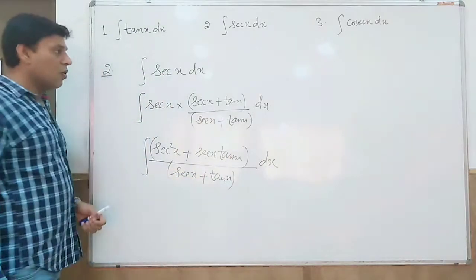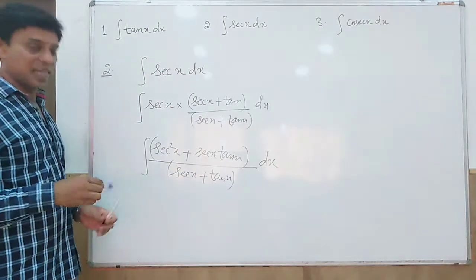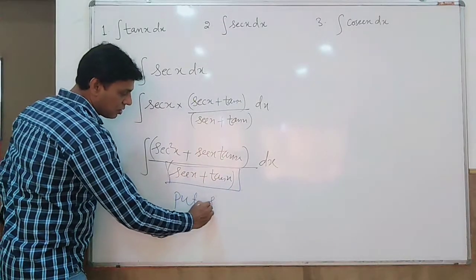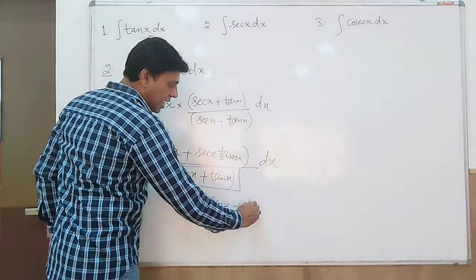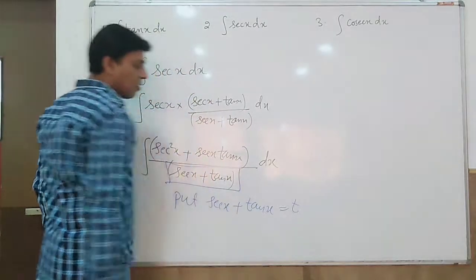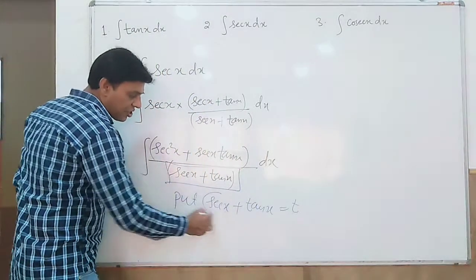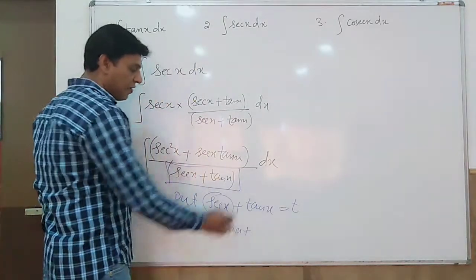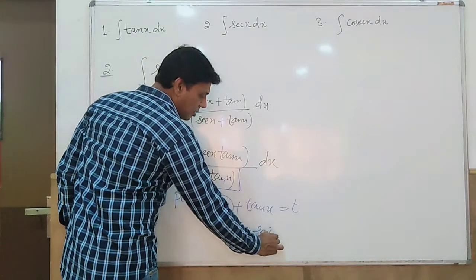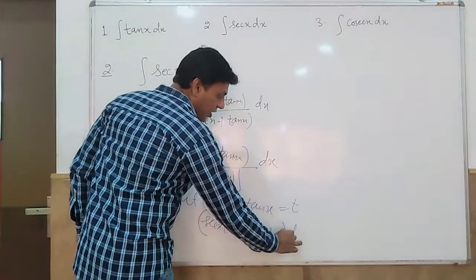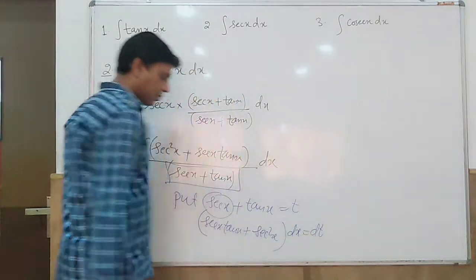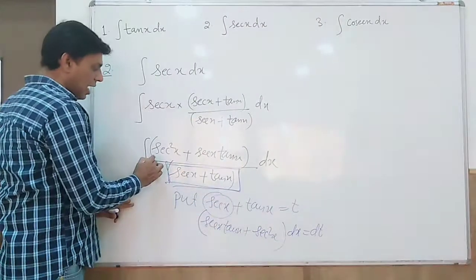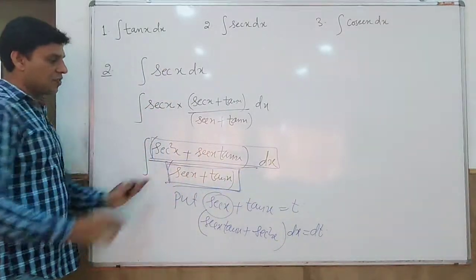Now we will put sec x plus tan x as t. Why? Why am I putting this? You just see, the differentiation of sec x is sec x tan x, and the differentiation of tan x is sec square x. So this whole numerator, along with dx, is equal to dt.